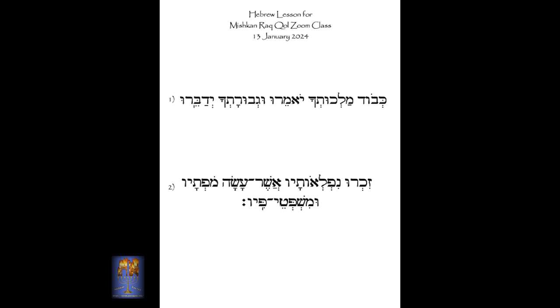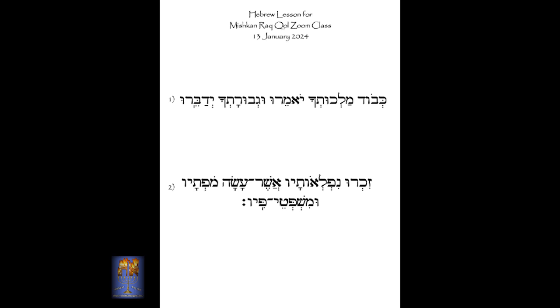What about nifleotav? Tov means good, but this is a suffix. Tav is a suffix that means his. Look at the end of this word: ot. That is feminine plural. So what does that leave us with?